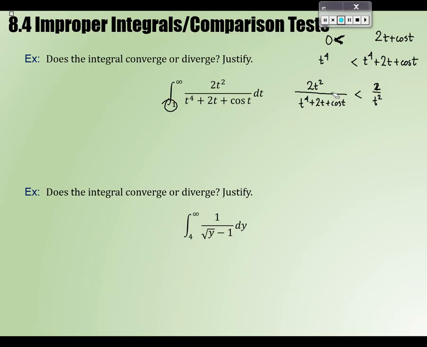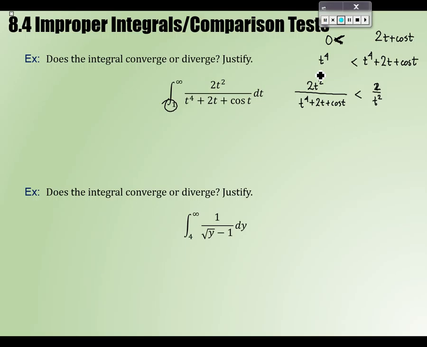Then now I'm going to divide this side by this, and divide both sides by t squared as well, and multiply both sides by 2. Can I do all of that? That's what I just said here. So I'm going to divide both sides by t squared, and divide both sides by t to the fourth plus 2t plus cosine t.